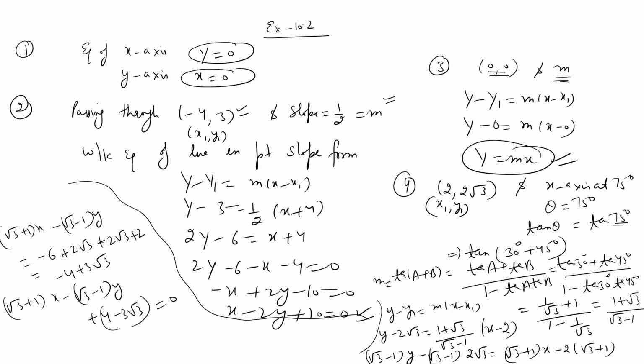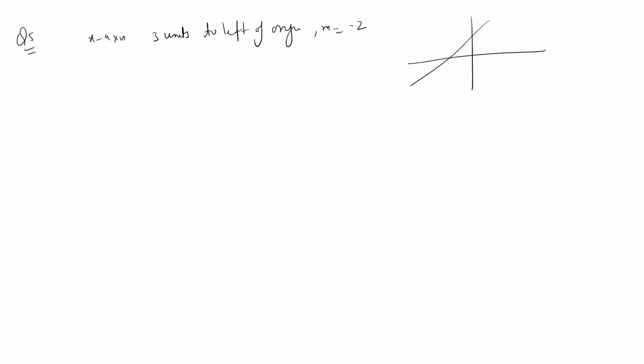This is the constant. So question number 5 says that you have to find the equation of the line which is intersecting the x-axis at a distance of 3 units to the left of the origin, and the slope is given as minus 2. So 3 units to the left of the origin means it is touching the x-axis at (minus 3, 0).